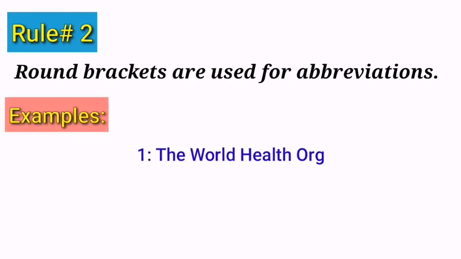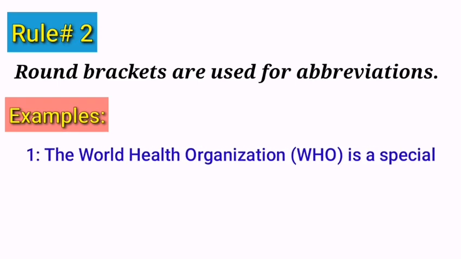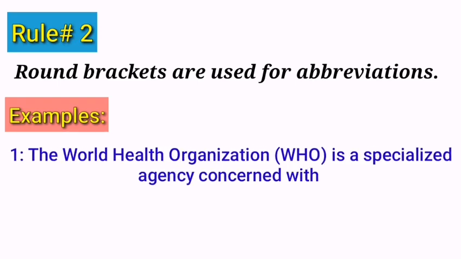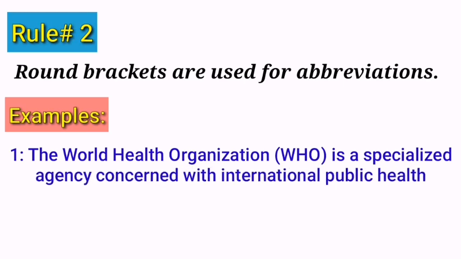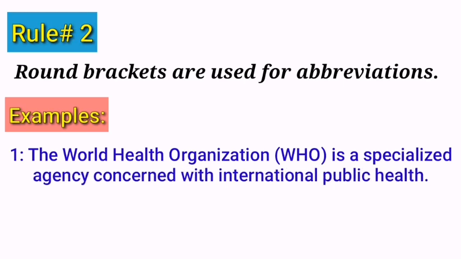The World Health Organization (WHO) is a specialized agency concerned with international public health. Observe this example. After the full form of World Health Organization, the abbreviated form is written in round brackets. So, you should remember this rule that abbreviations are also written within round brackets.